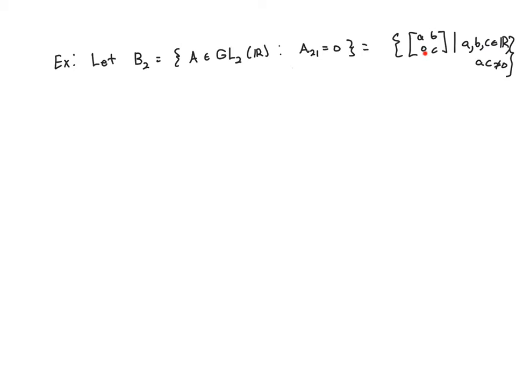In general, these are what they call upper triangular matrices, and you could define them for arbitrary n by n, but we're going to stick with 2 by 2 because it makes the argument a little simpler. So I claim that this set B2 is a subgroup of GL2R, but what does that mean?